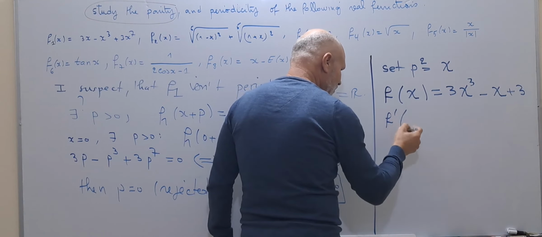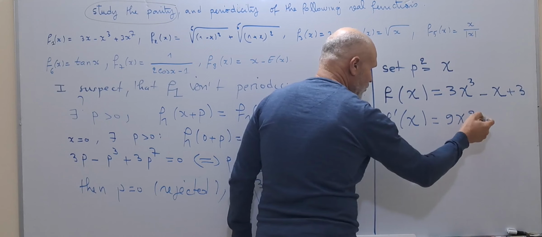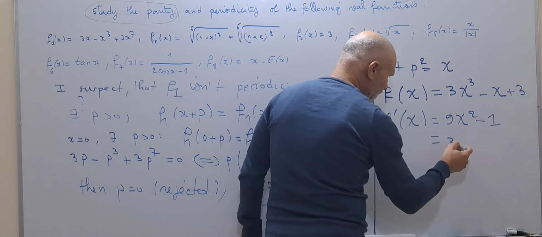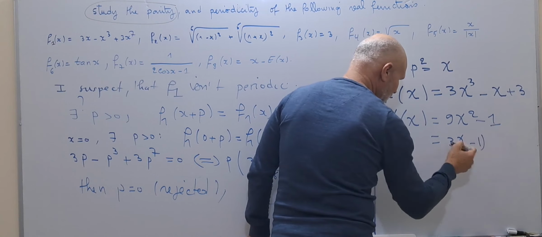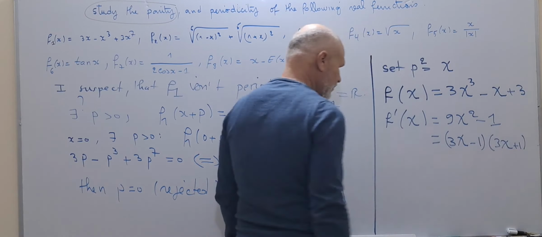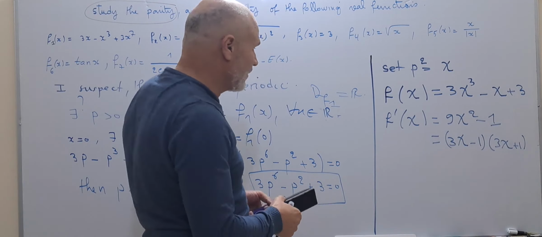F prime with respect to chi is equal to 9 chi squared minus 1, which is equal to (3 chi minus 1) times (3 chi plus 1). This is the derivative.